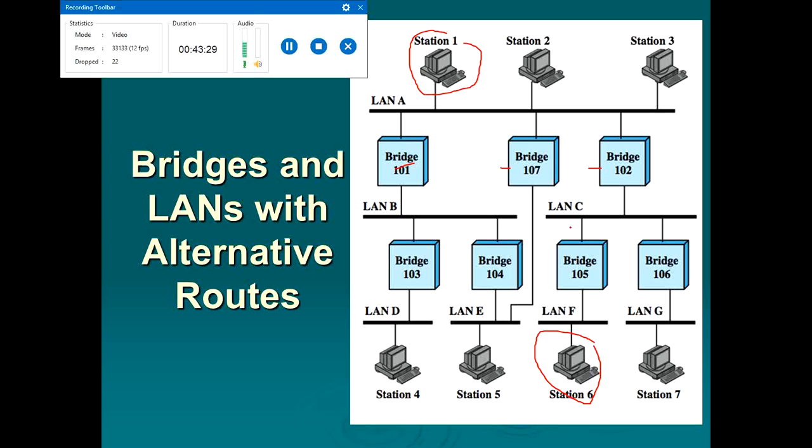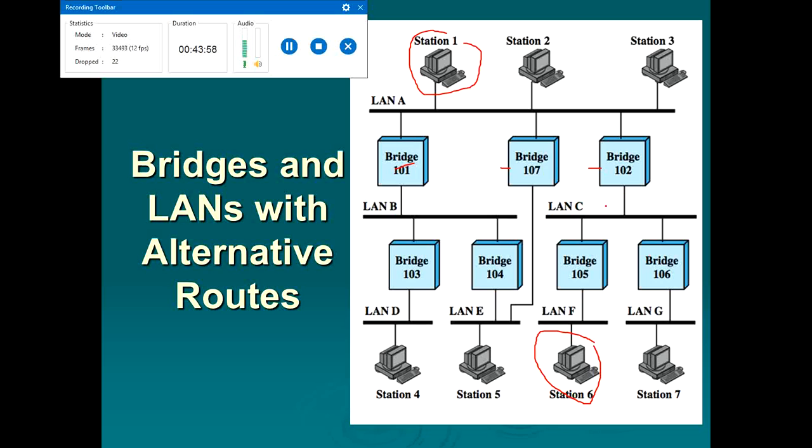So now each bridge must make a decision whether or not to retransmit the frame on its LAN in order to move it closer to the intended destination. In this case, bridge 102 should repeat the frame, send the frame on LAN C, whereas bridge 101 and 107 should not retransmit the frame.